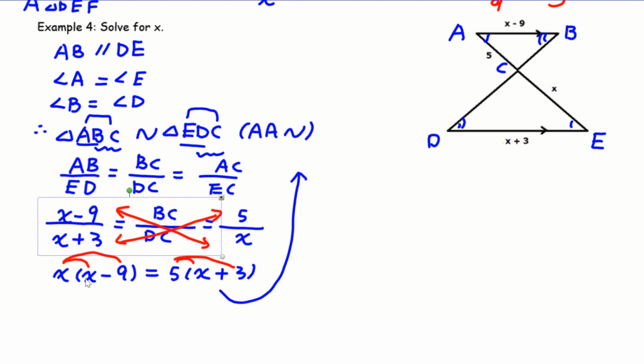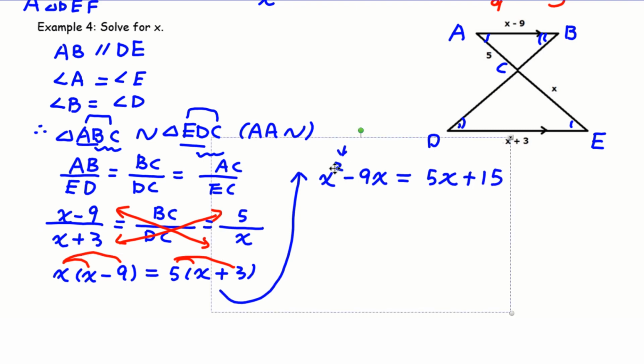So x times x, x squared. x times -9, -9x, equals 5 times x, 5x, 5 times 3 is 15. Then this is a quadratic equation. It's not linear. So for a quadratic equation, most of the time we want to move everything to one side, make sure the other side is 0, then we are solving for x-intercepts.